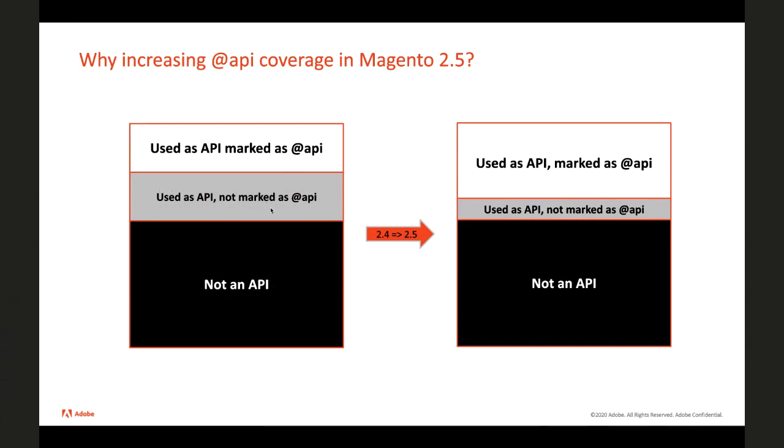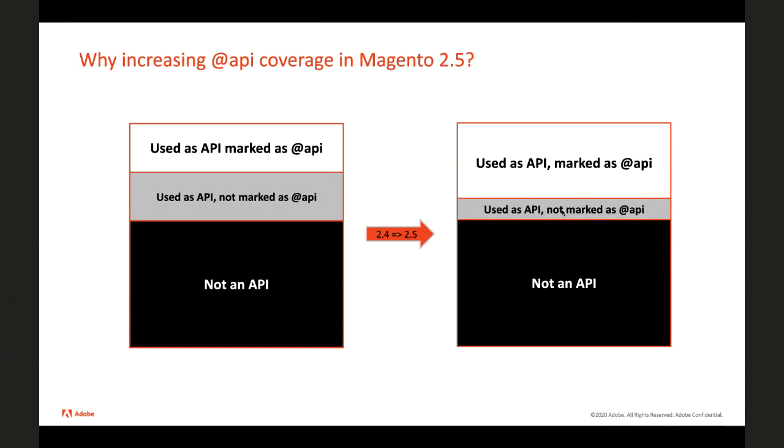And there is a layer in between, which we do not treat as API, but community members have to use for some reason. Usually this is because there is no adequate coverage in a specific area, and they have to use classes which are not marked as API. Our goal is to reduce this gray area.